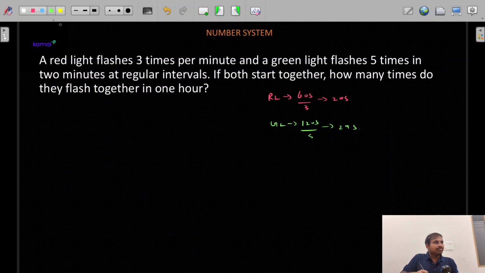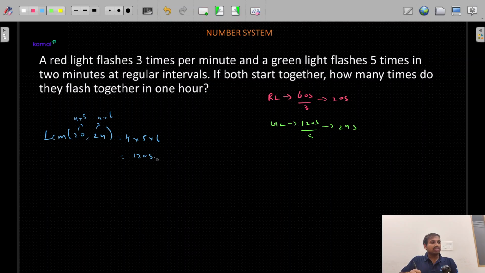If I take the LCM of 20 and 24, I will find at what time both these lights will blink together. So the LCM of 20 and 24. 20 is 4 fives are, and 24 is 4 sixes are. The LCM is the common value, which is 4, multiplied by the uncommon values, which are 5 and 6. 4 fives are 20, 20 sixes are 120.